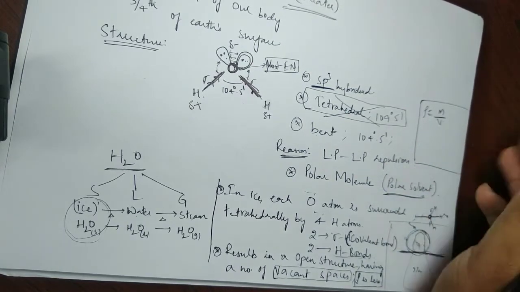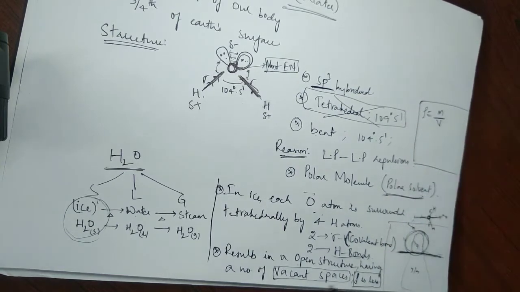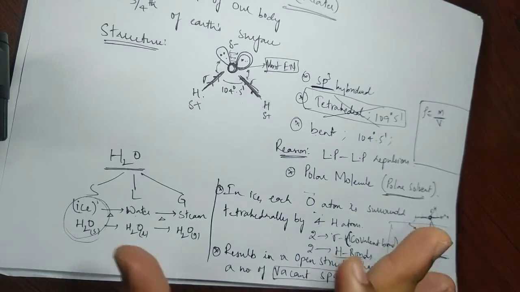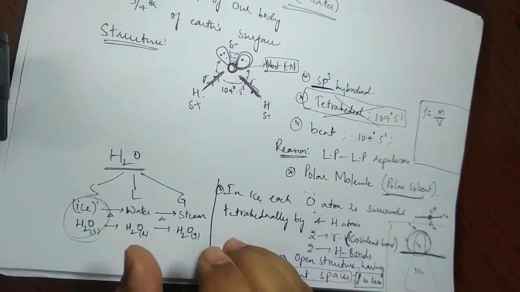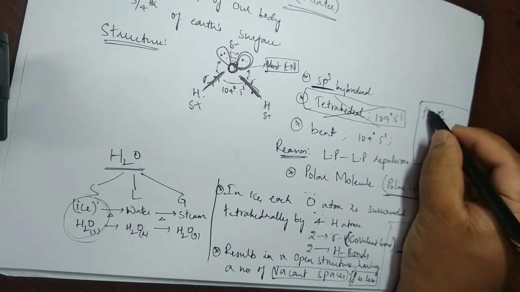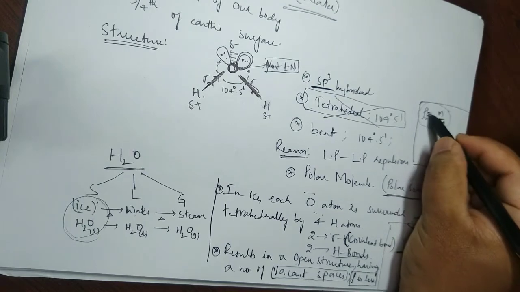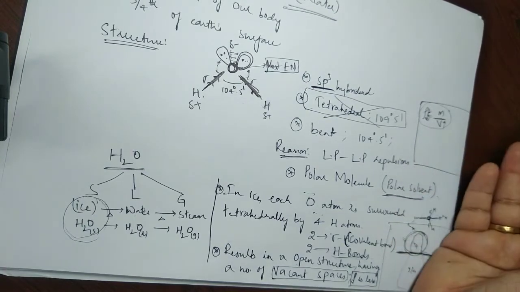Why does it float? The mass remains the same, but the volume, as I said, has huge amounts of vacant spaces. Empty space is nothing but more volume. If volume is increased, then density will be decreased. Yes or no? So we know this relation. If density is lesser, definitely it will float.